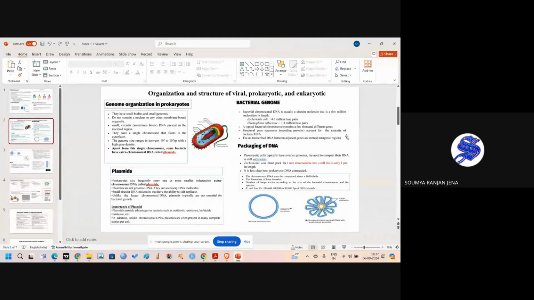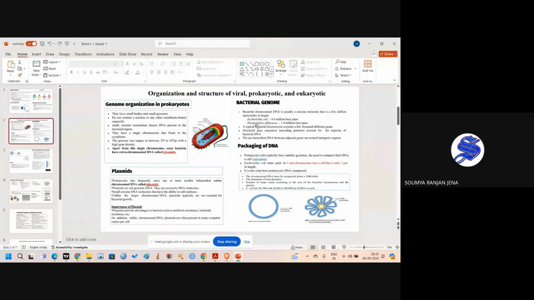It is 4.6 million base pairs in E. coli, and 1.8 million base pairs in Haemophilus influenzae.